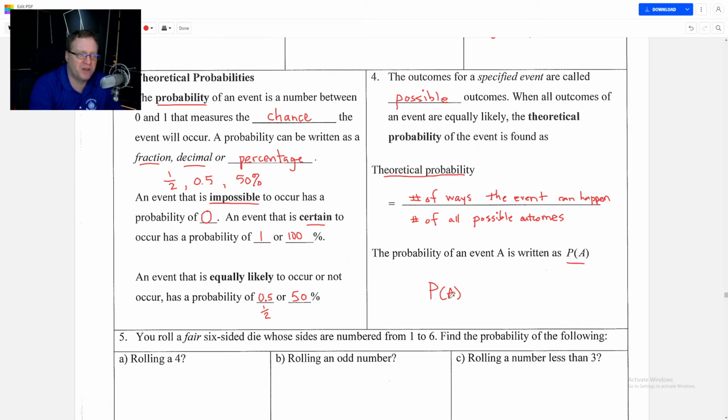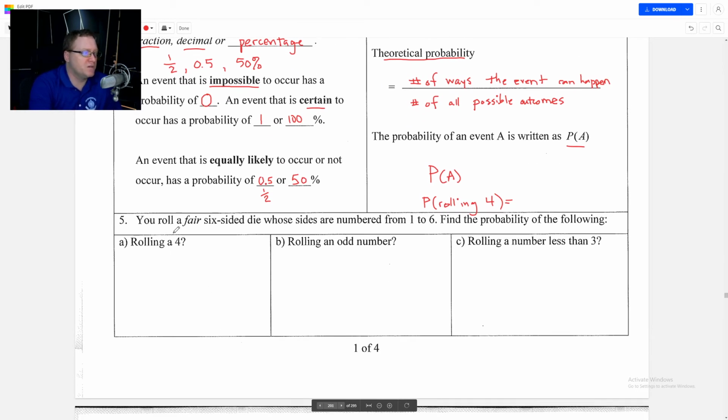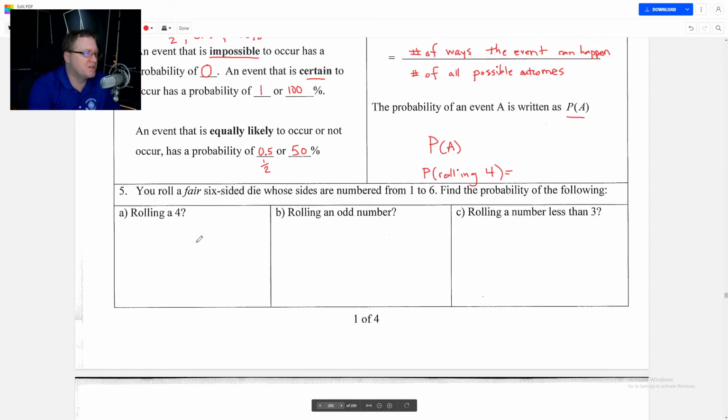For example, if I was rolling a 4, I would write maybe probability of rolling 4, and then write equals, and then I write the probability. Okay, so let's go ahead down here and talk about some actual probability problems.